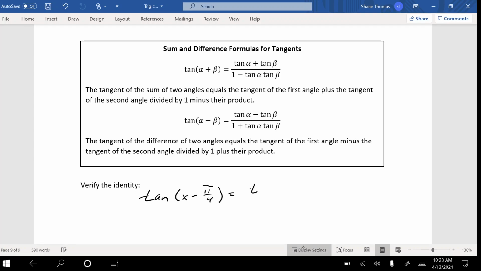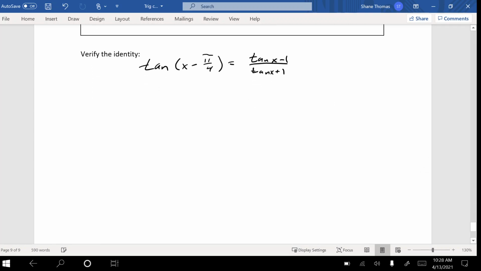All right. This is an easy identity. Okay. So tangent of x minus pi over 4. We want to show that's equal to tangent of x minus 1 over tangent of x plus 1. So first thing, let's go ahead and apply the formula we just talked about. This is the second formula. So it'll be tangent alpha minus tangent beta over 1 plus tangent alpha tangent beta.